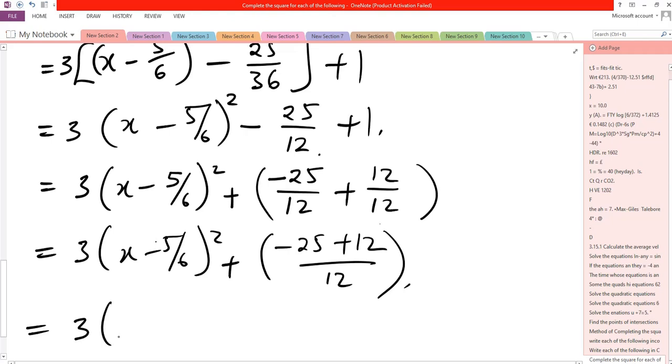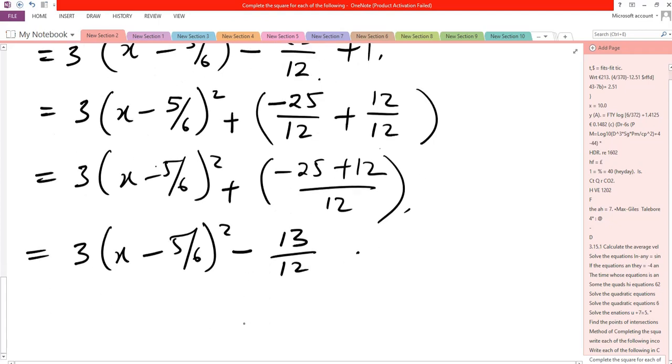Minus 25 plus 12 will give you minus 13, so you have minus 13 over 12. So that is the final answer: 3 times x minus 5 over 6 all squared, minus 13 over 12.